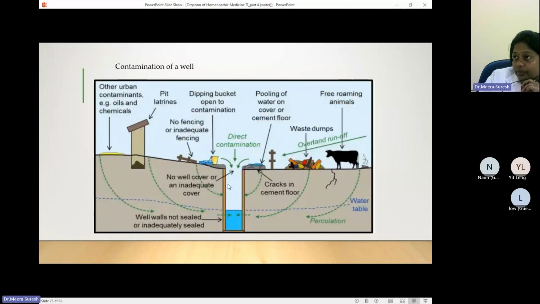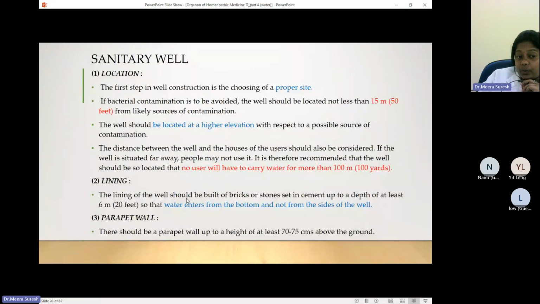Only if it is made of mud or clay will it percolate easily. So that is another criterion: the lining should be there. You don't have to remember the values 6 meters and 20 feet, but just remember that it ensures the water enters only from the bottom pervious strata, not from the sides of the well.